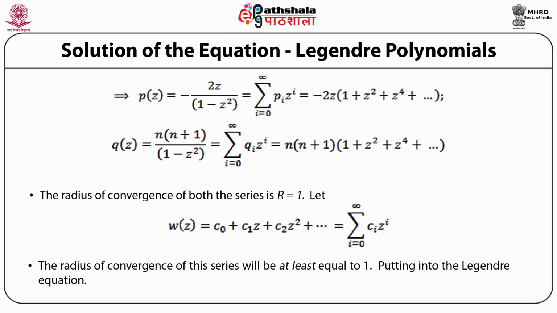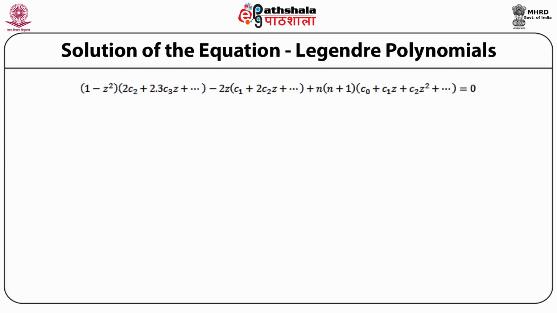Putting into the Legendre equation, we obtain (1 minus z square) into (2c2 plus 2 into 3 c3z plus so on) minus 2z (c1 plus 2c2z plus so on) plus n into n plus 1 into (c0 plus c1z plus c2z square plus so on) is equal to 0.